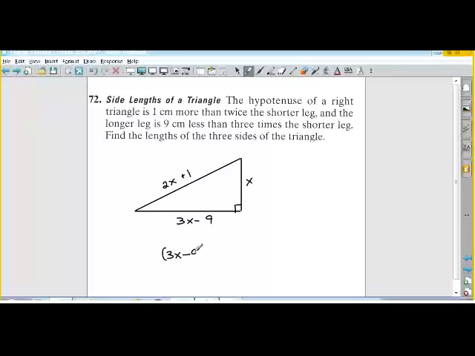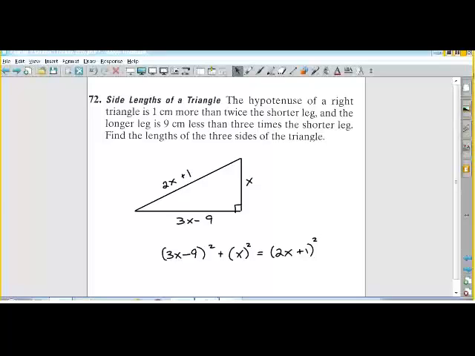So what does that mean? It means that 3x minus 9 squared, which is the length of the longer leg squared, plus the length of the shorter leg squared is equal to the hypotenuse squared.